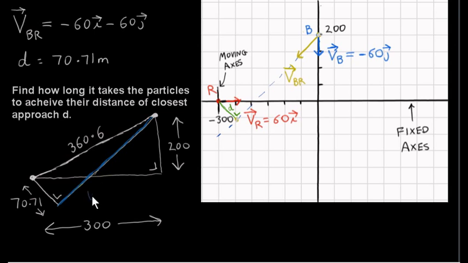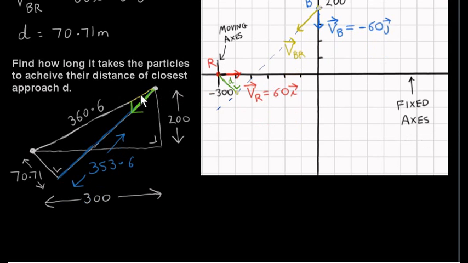This distance here is the square root of the hypotenuse, which is 360.6 squared, minus this short side here squared. We get 353.6 meters.